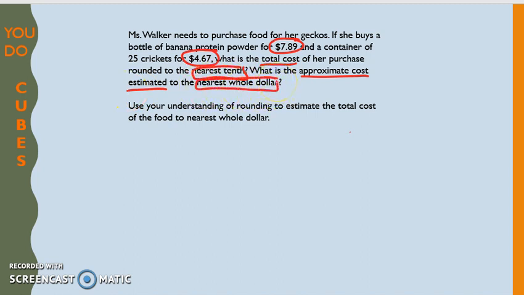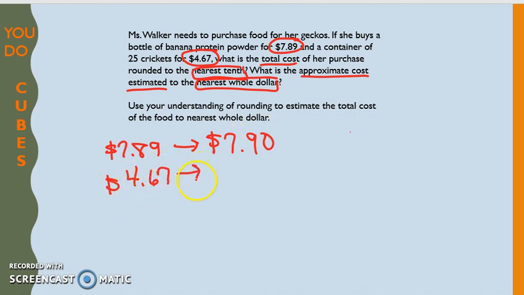So let's first see how we rounded to the nearest tenth. We should have had $7.89, which rounds to $7.90, and $4.67 rounds to $4.70.